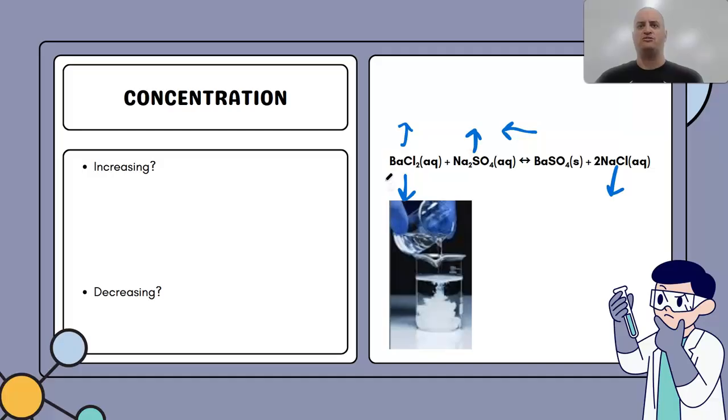So this was our initial change, which shifted it towards the reactants, and this would change how much of this concentration there would be, because it would increase using up what's on the right.